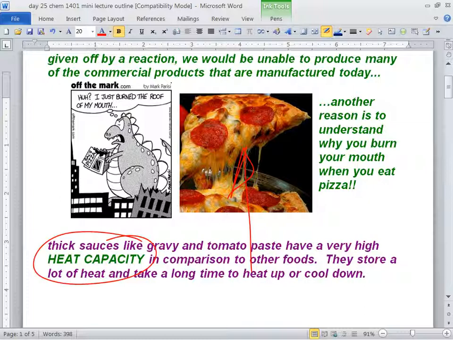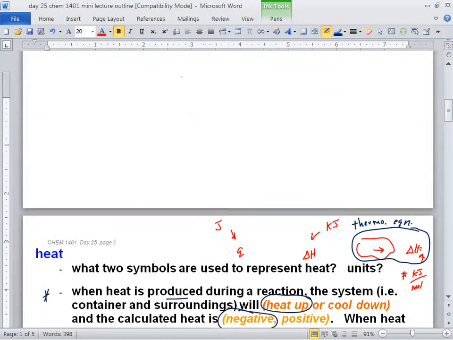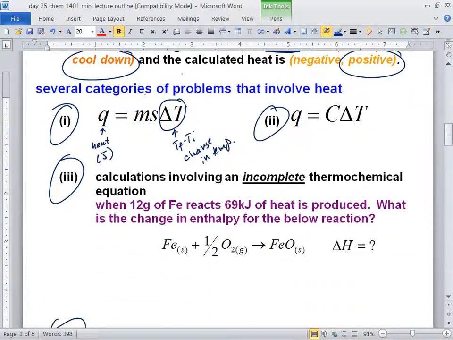How much heat is this tomato paste going to absorb? You're talking about a substance, like a kettle or gas. In other words, it has to be a substance, and we're talking about heating it up or cooling it down. How much heat is that going to take? That's what equation 1 and equation 2 are for. Let's get the Q to heat up or cool down this object. So M is the mass of that object. Exactly.